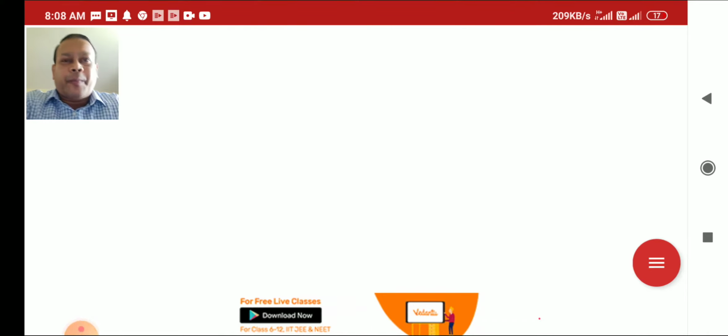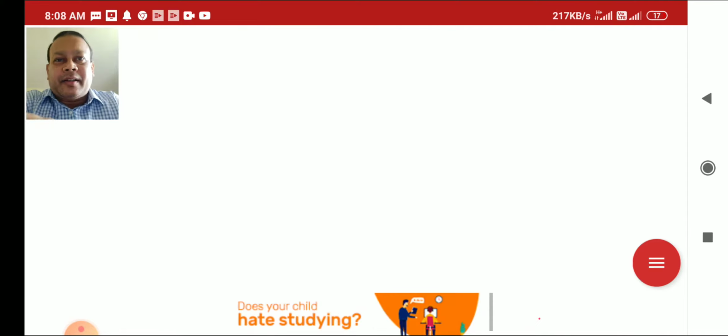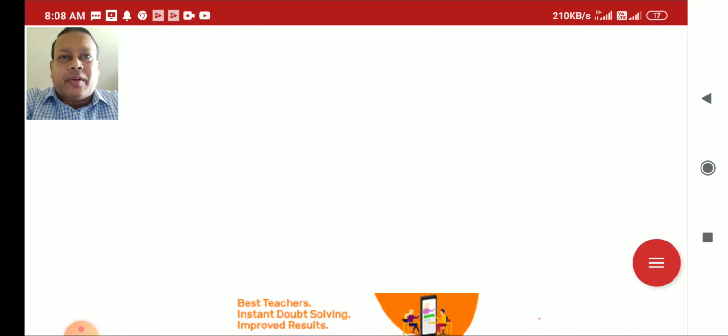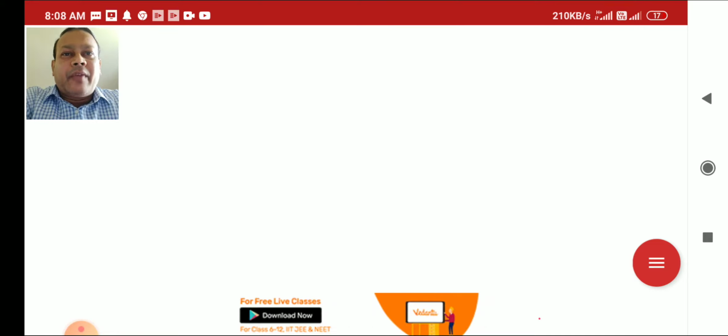Just now we are going to have a new topic of this DBMS Unit 1, that is keys. Keys are nothing but one of the very important attributes of a particular table by which we can identify the record uniquely.